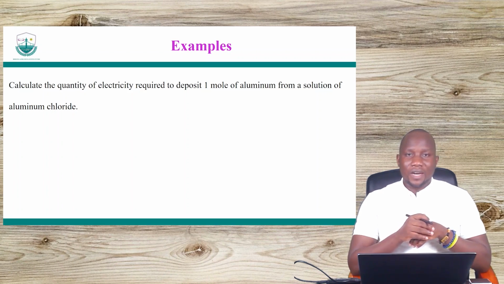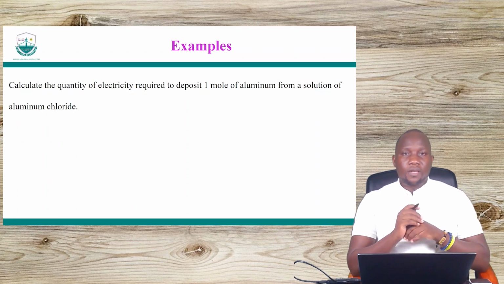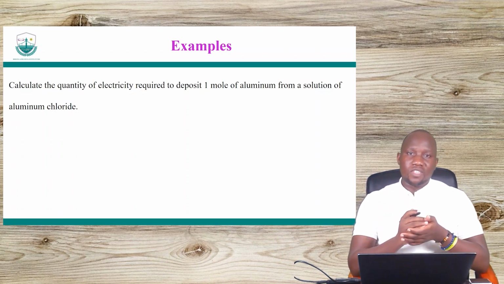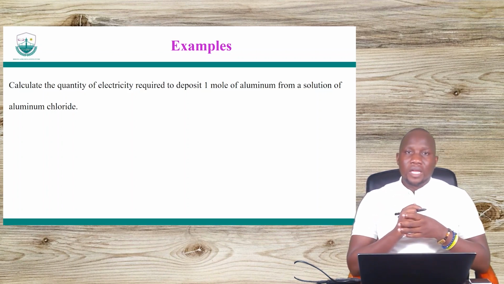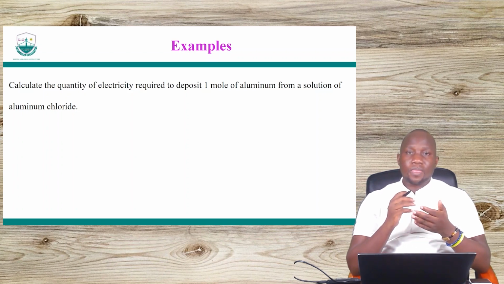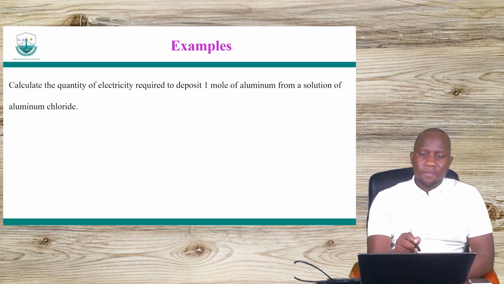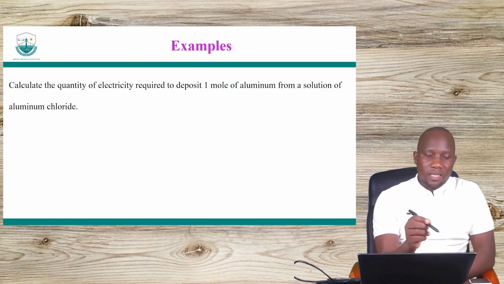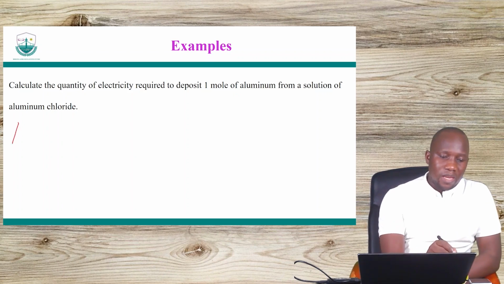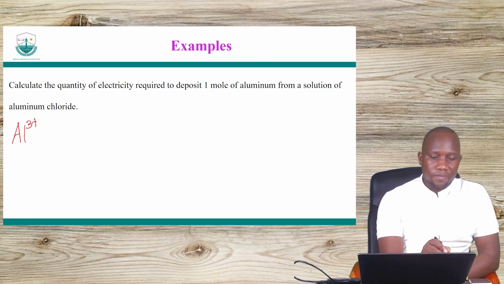Don't worry. Just remember the principles about charges. Aluminium ions have a charge of +3.